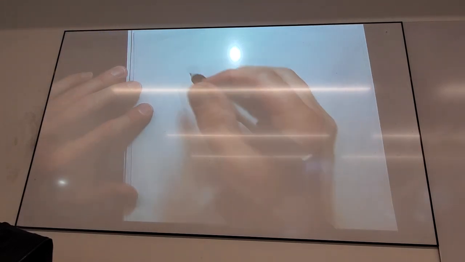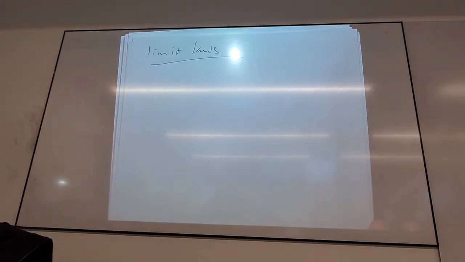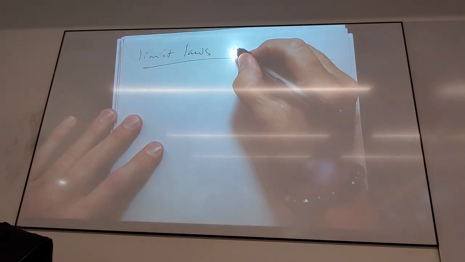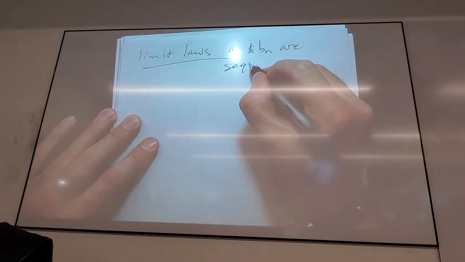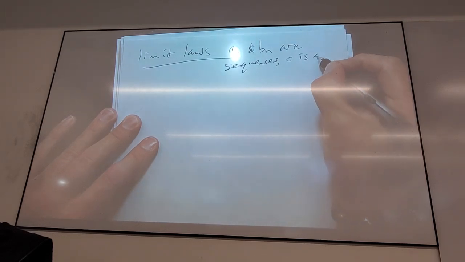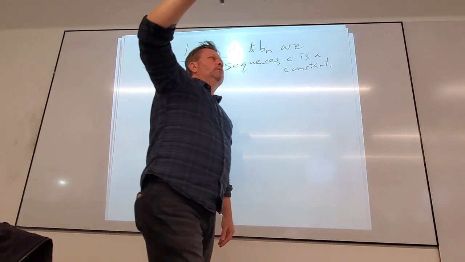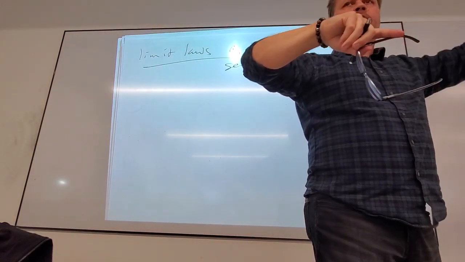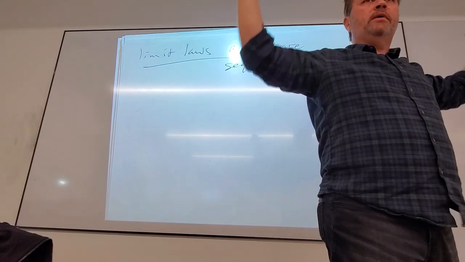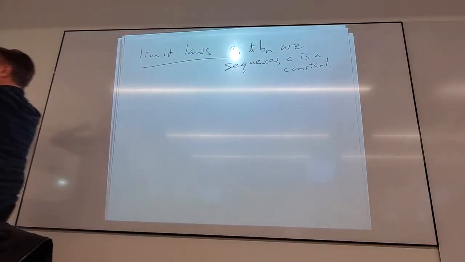Then we get these exciting things. I'm going to bust through these a little quickly, but let me know if I need to slow down. I'm going to tell you that a_n and b_n are sequences, and c is a constant. If I have multiple sequences within a problem, I can't call them all a_n, so we just start doing a, b, c, however many sequences we've got. c is just some number.